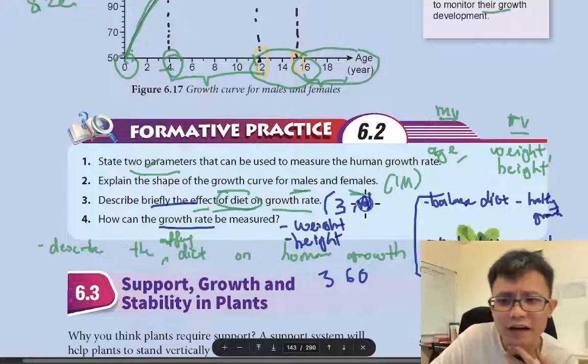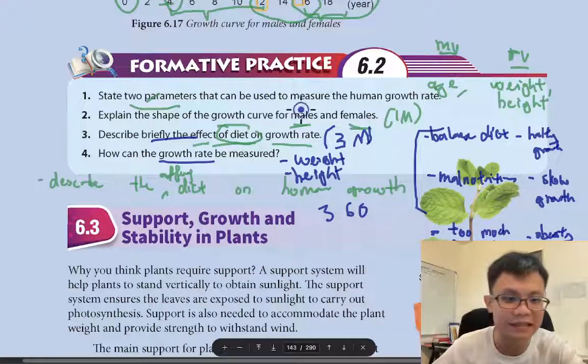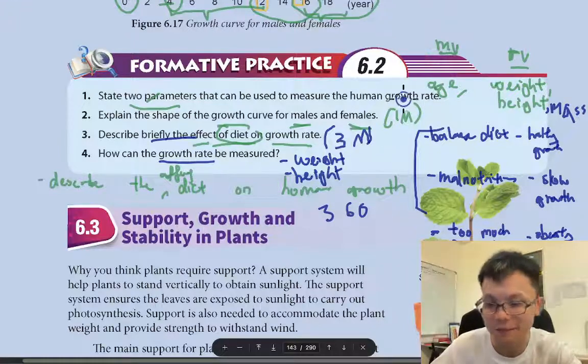What is the answer for 1? State 2 parameters that can be used to measure human growth rate. So basically it's the same lah, weight and height. You can get the answer in the back of the textbook. There is a QR code to scan to get the answer.